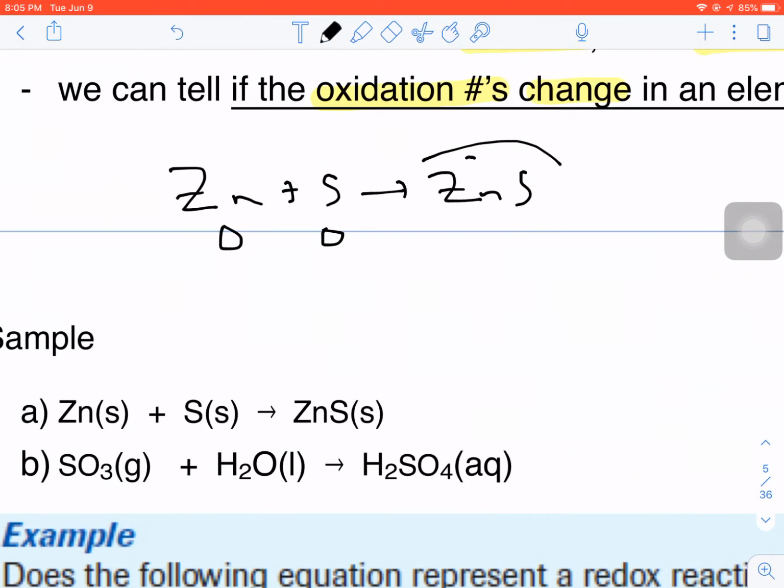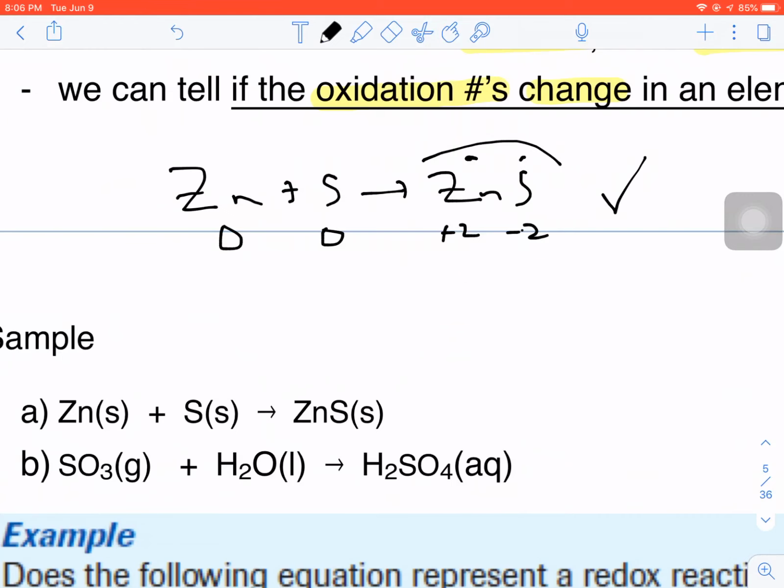It contains a metal and a nonmetal. So I'm just going to look at their ionic charges. The periodic table tells me zinc is always 2 plus and sulfur is always 2 minus. So the zinc would have been +2, sulfur would have been -2, and the answer is yes, this was a redox reaction, because the zinc changed oxidation numbers and the sulfur changed oxidation numbers.